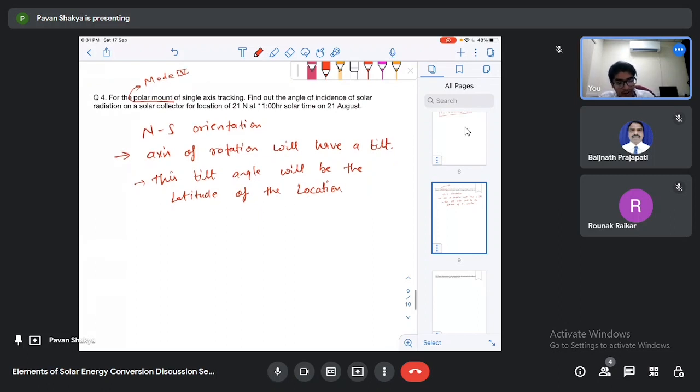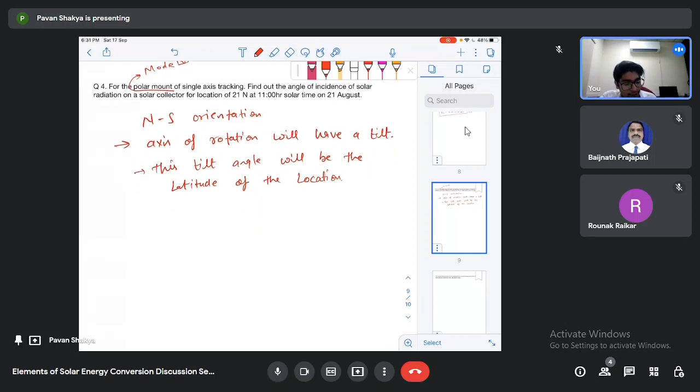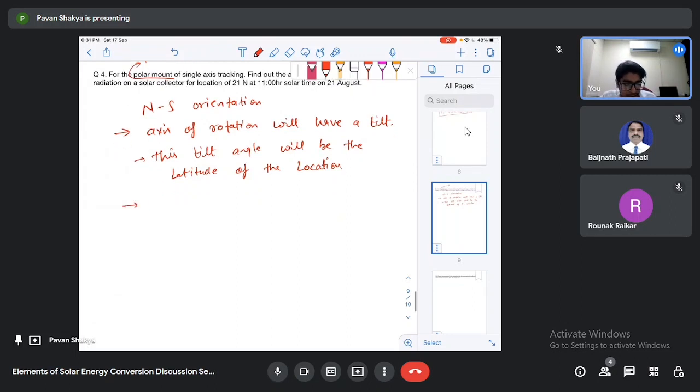By doing this, when the tilt angle becomes equal to the latitude, in such conditions the axis of rotation becomes parallel to the axis of rotation of the earth.